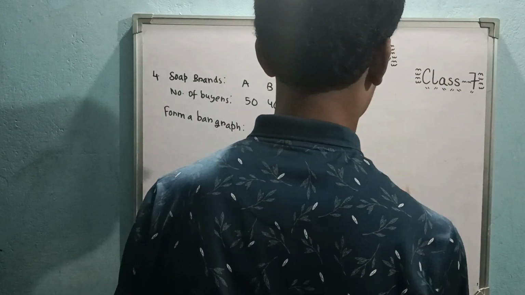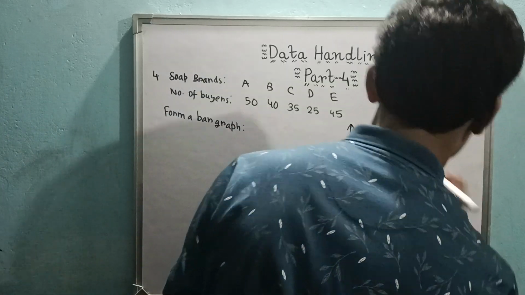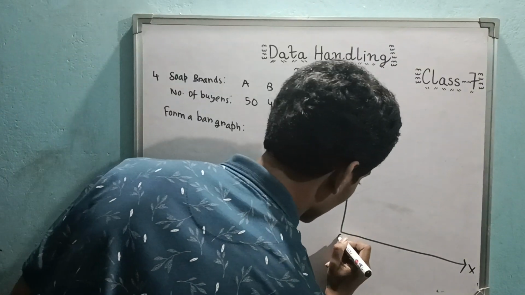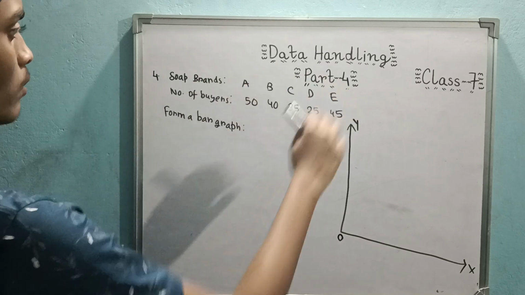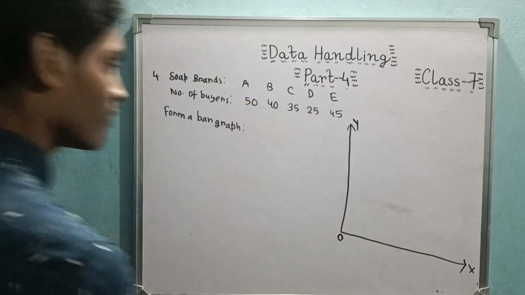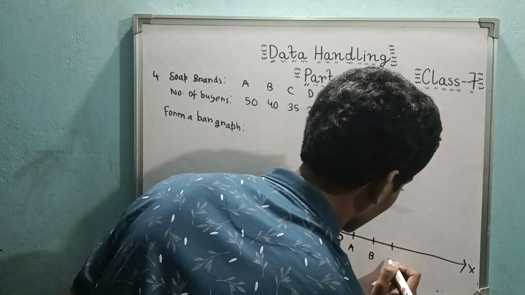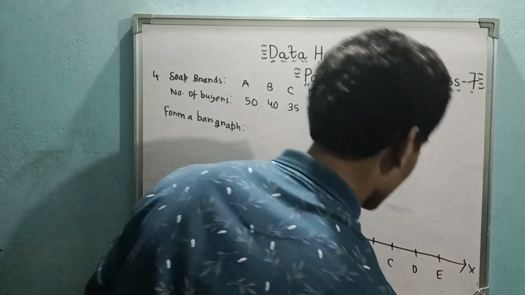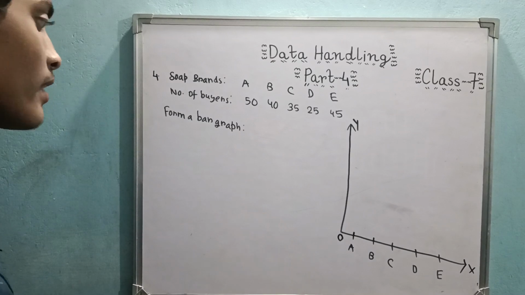Okay, this is the x-axis, y-axis. First, this is the O for both the axes. Now my data values, so brands are mentioned on the x-axis like this: A, B, C, D. Now the number of buyers as frequency will be mentioned on the y-axis.